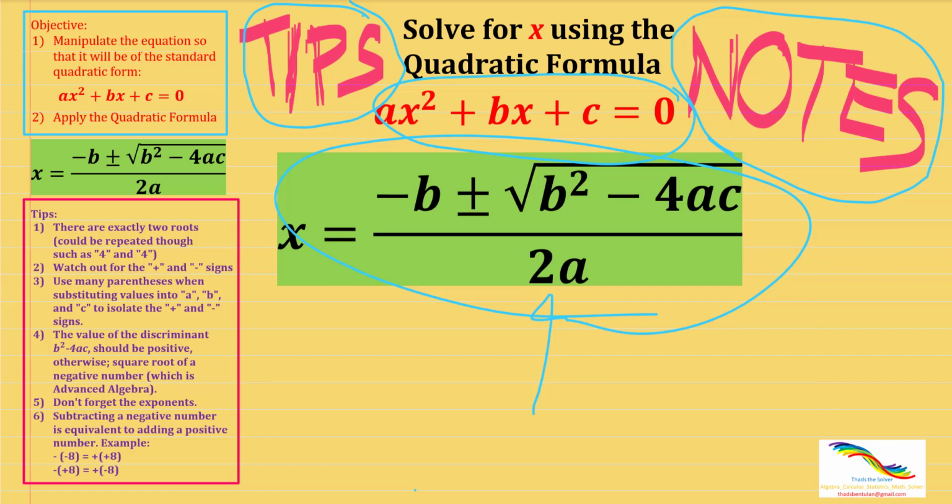In this case, we focus on the polynomial ax squared plus bx plus c equals 0. That's the standard form. And we have the quadratic formula. This quadratic formula will give us values of x, and this quadratic formula is general.